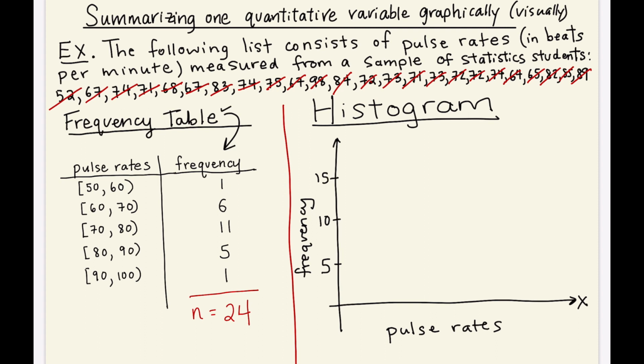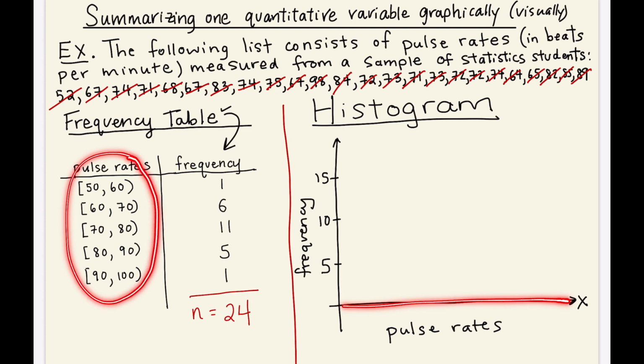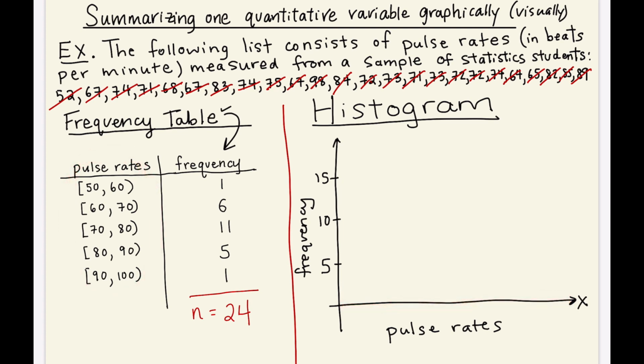On my horizontal axis, I'm going to use 50, 60, 70, 80, and 90. Sometimes these are called lower class limits. I'm not going to start at 0 on my horizontal axis. You can if you want to, but I'm going to start at 50 at this point.